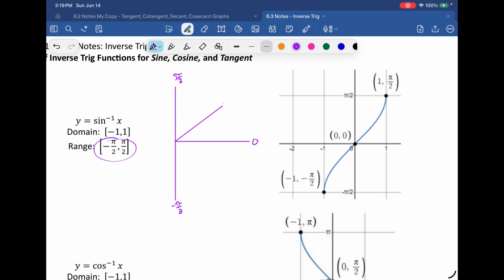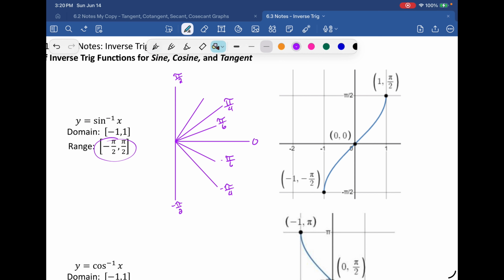We have positive pi over 6, negative pi over 6, positive pi over 3, negative pi over 3. So our answers have to fall among these.